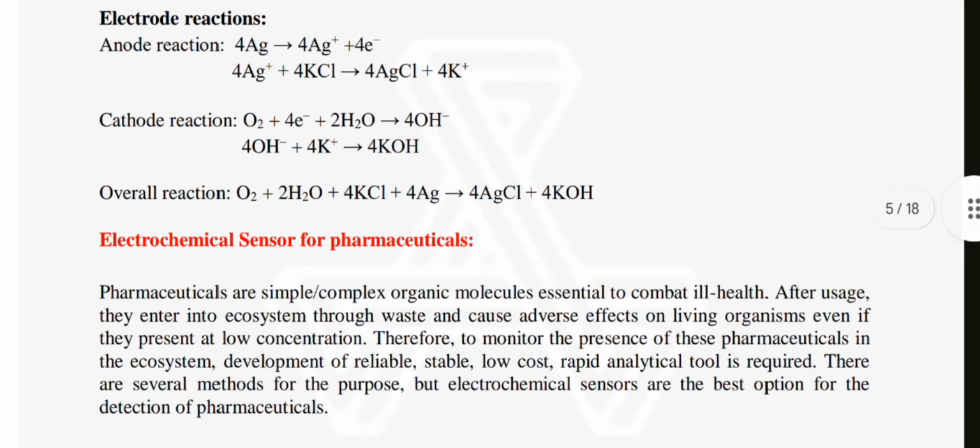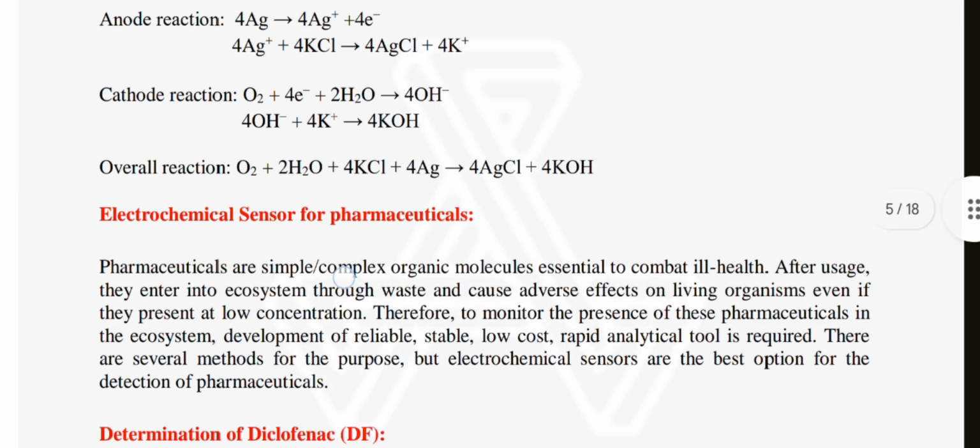Now, the electrode reactions can be written. Anode reaction: 4Ag gives 4Ag plus plus 4 electrons; 4Ag plus 4KCl gives 4AgCl plus 4K plus.